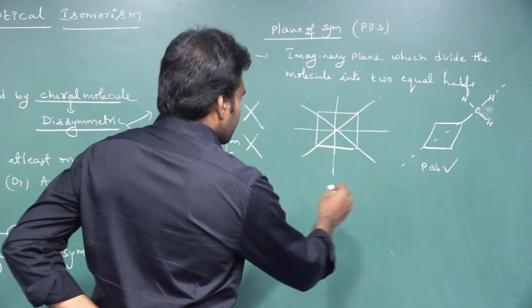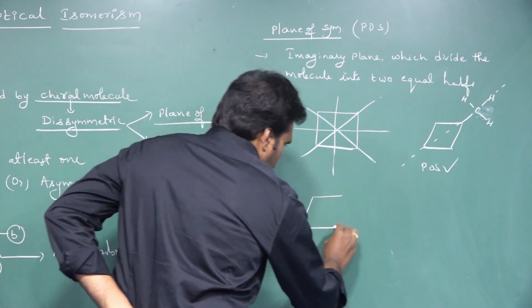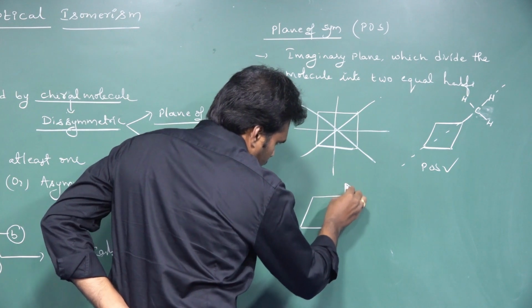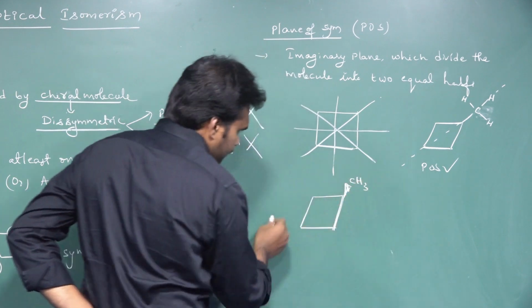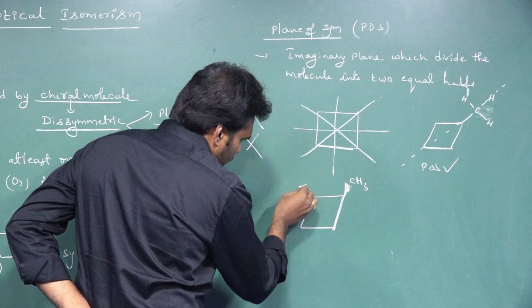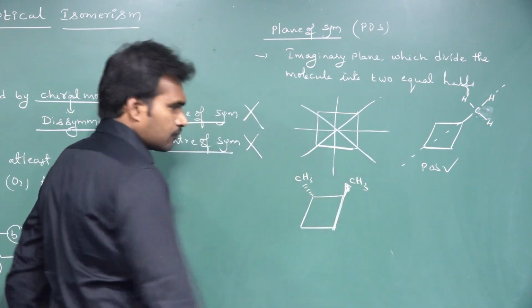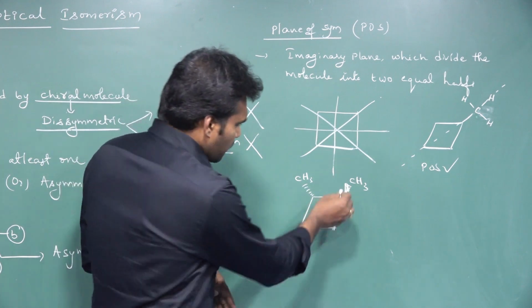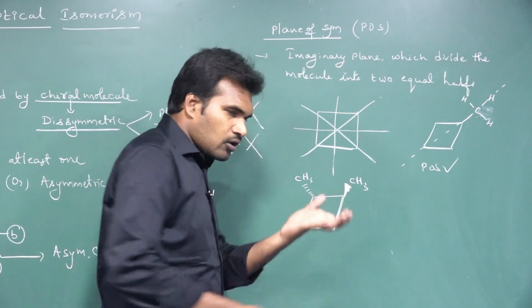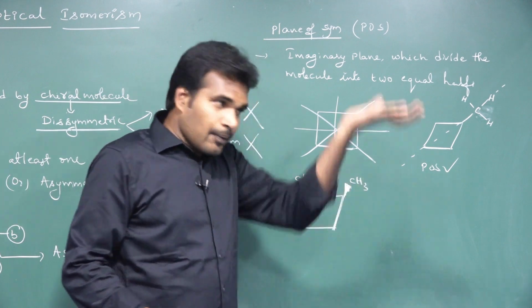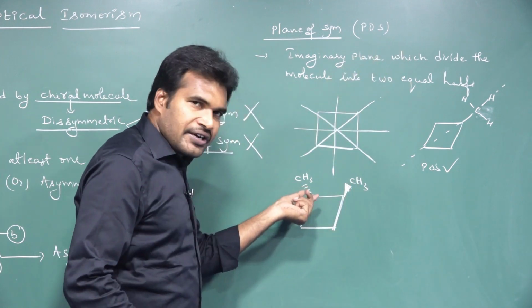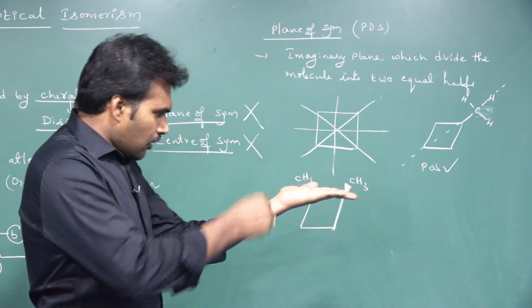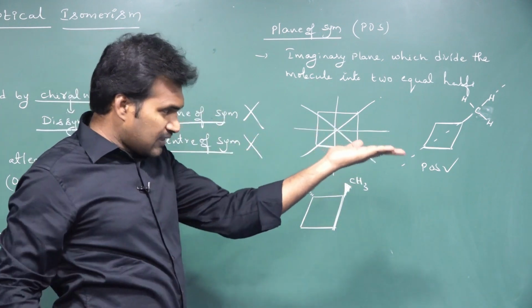And one more thing, if this compound has CH3, CH3. Now tell me, as we know, wedge and dash notations. So this is wedge notation. This bond indicates that this group is above the plane, and this dash notation indicates below the plane. Now if you consider 1, 2, 3, 4, this is on the same plane.